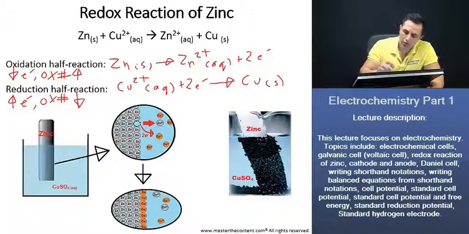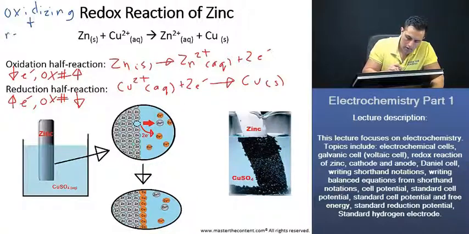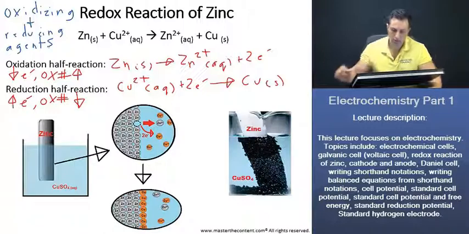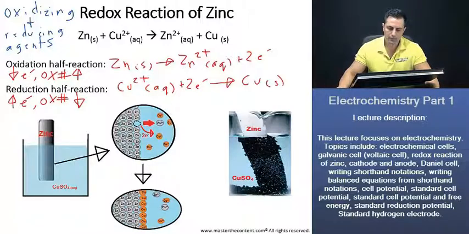Wonderful. One other thing we should do is a quick reminder and talk a little bit about oxidizing and reducing agents. Because our copper ion here is going to be gaining electrons, we can say that it is oxidizing the zinc.